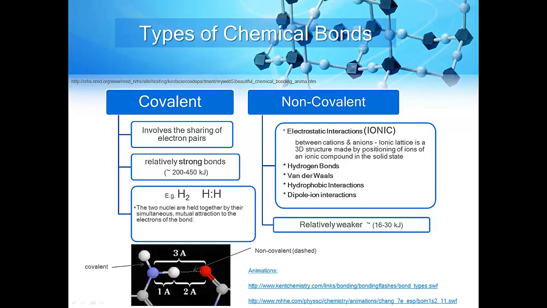Okay, so now let's discuss non-covalent interactions. Non-covalent interactions can include electrostatic interactions or ionic interactions. They occur between cations and anions. So an ionic lattice is a 3D structure made by positioning of ions of an ionic compound in the solid state.